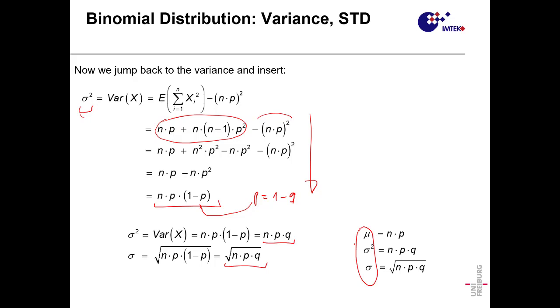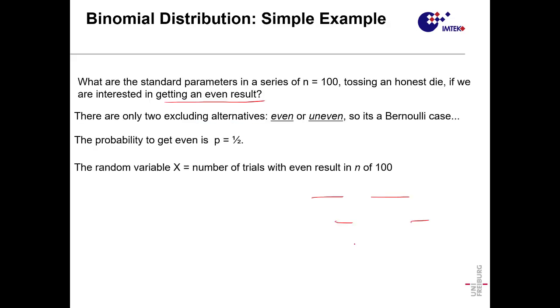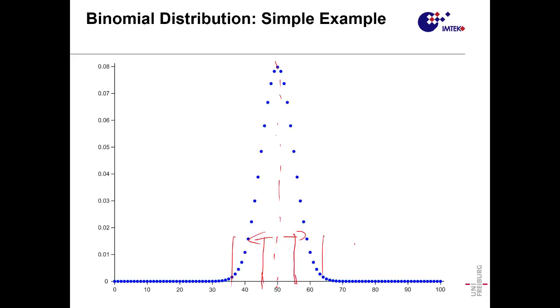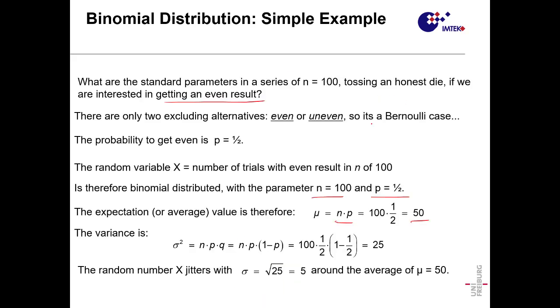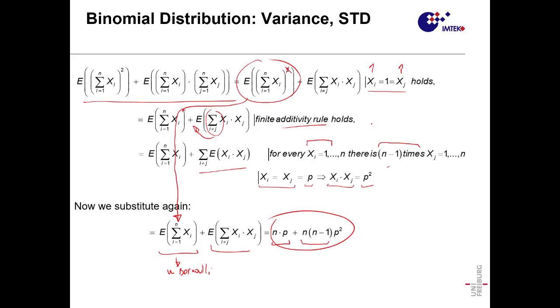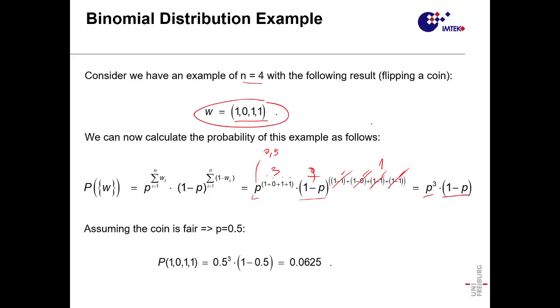So the more you repeat the experiment, the more the mean, for example, will be shifted to the right, because n times p, if the probability is always the same, is not the same when you repeat it 100 times as when you repeat it 1,000 times. So you will be shifting your distribution to the right.